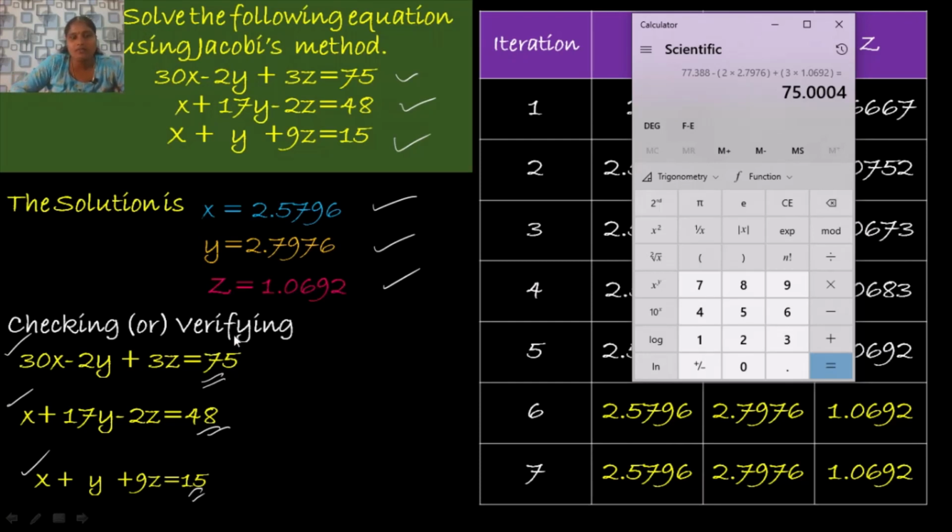So here we have 75, so we get only the approximation, not the exact result, because this value is correct up to 4 decimal places alone. This is how we verify that your answer is correct up to 4 decimal places.